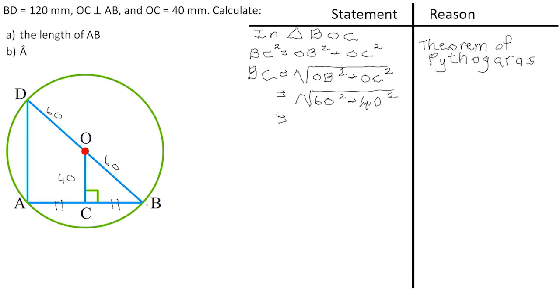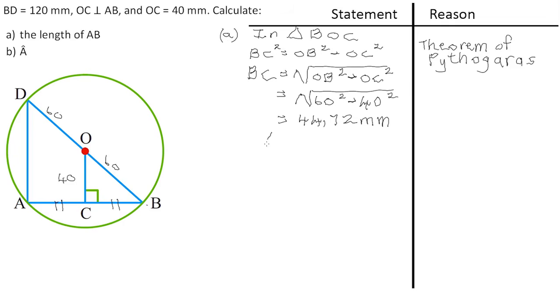If you punch that into your calculator, you will get a value of 44,72, and that is given in millimeters. Now we have BC, so then we can find AB. This was part A.